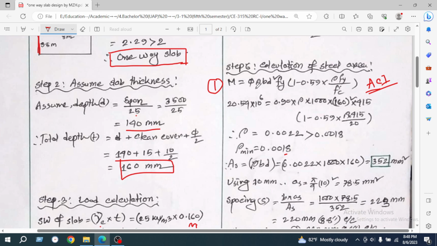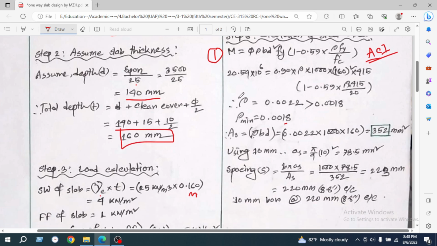So Mu equals phi rho b d square Fy times 1 minus 0.59 rho Fy by f'c, and putting this value and finding the value of rho, which is 0.0022, and this is greater than the minimum value of rho.